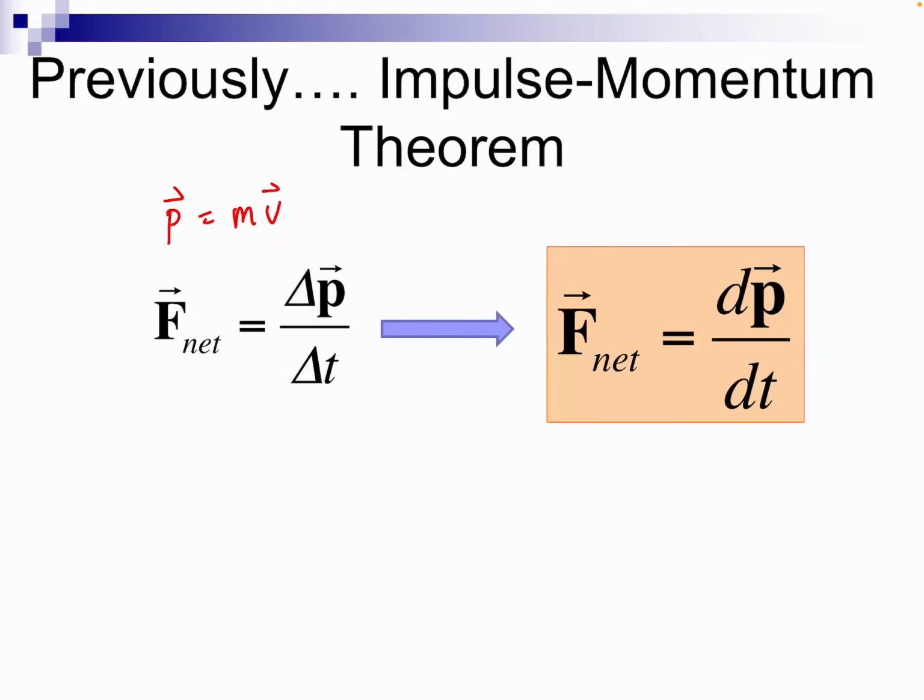If we change the momentum via the change in velocity, we are essentially having a net force acting on our object, because change in velocity with respect to time is equal to acceleration.